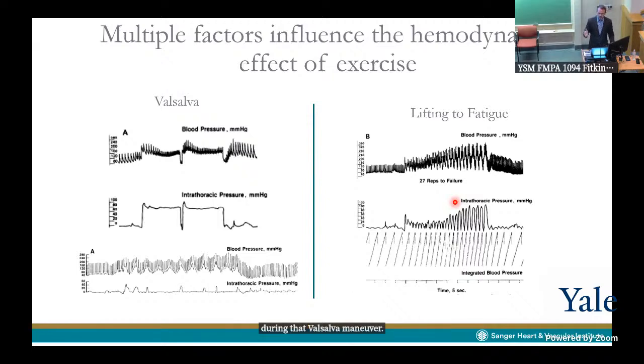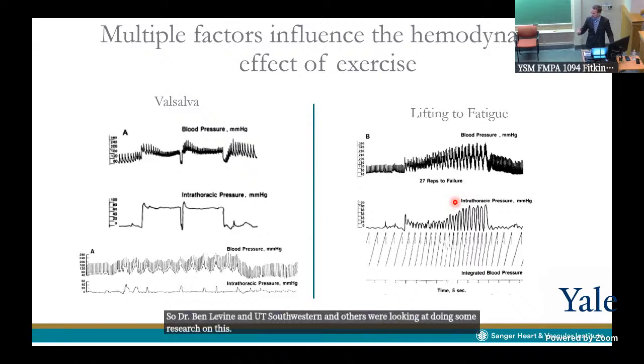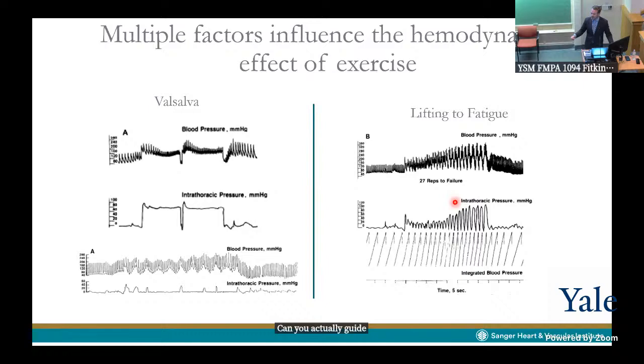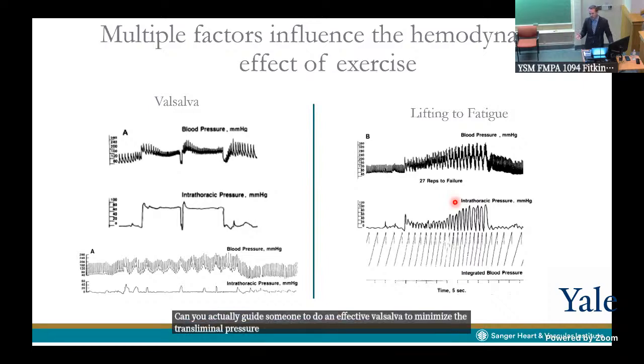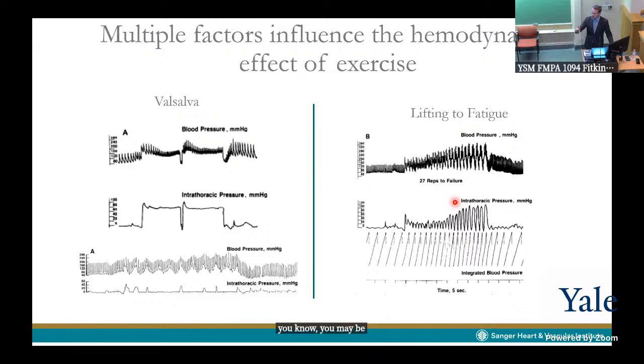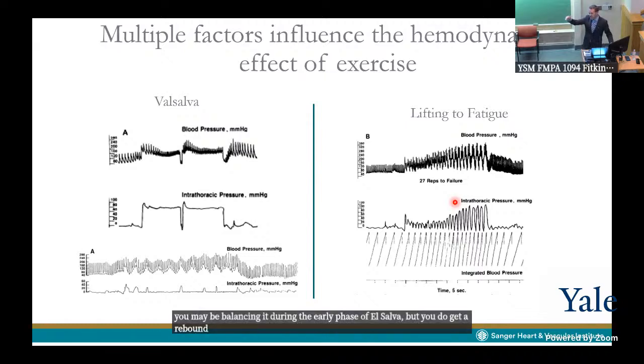Dr. Ben Levine at UT Southwestern and others were looking at doing some research on this. Can you actually guide someone to do an effective Valsalva to minimize the transluminal pressure? There's work being done on this to try and figure it out. The concern is that you may be balancing it during the early phase of the Valsalva, but you do get a rebound in blood pressure when you release it. So more to be figured out on this.